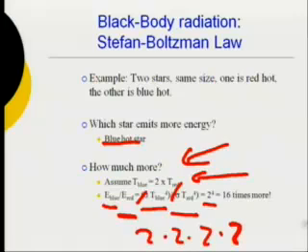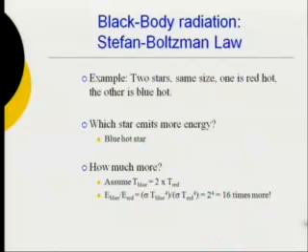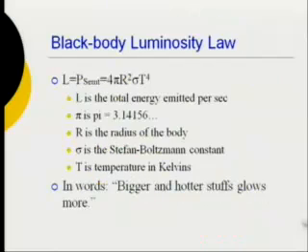So 2 times 2 is 4, times 2 is 8, times 2 is 16. So we actually know the answer to this one. If one is twice the temperature of the other and they're the same size, then one gives off 16 times more energy. You might think of it as cooling 16 times faster.